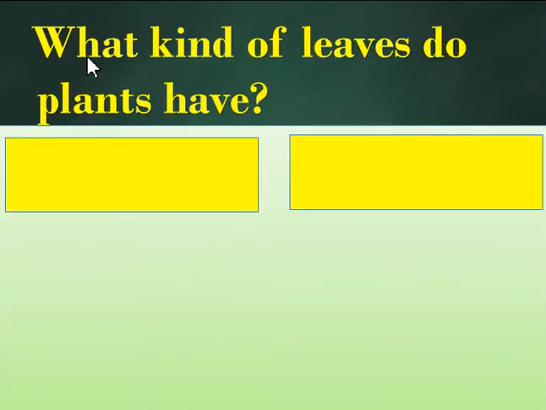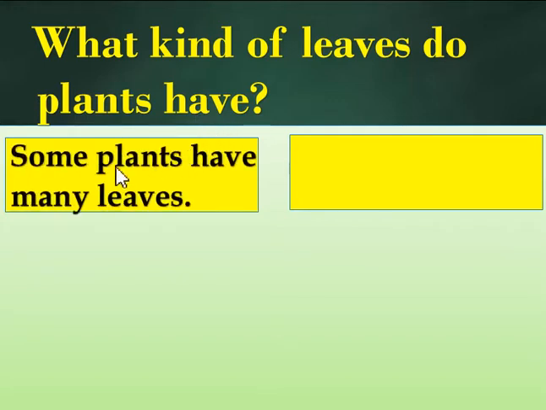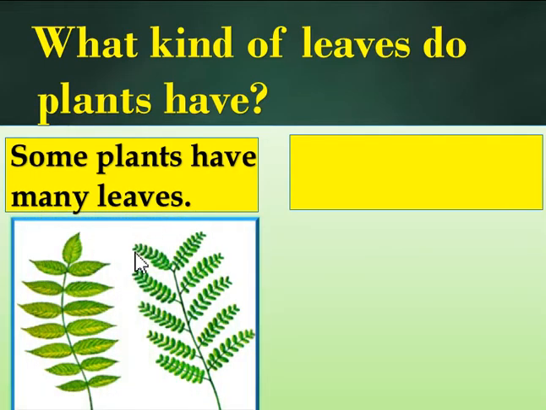What kind of leaves do plants have? There are so many kinds of leaves. First, some plants have many leaves, like this. One stem, but there are so many leaves.